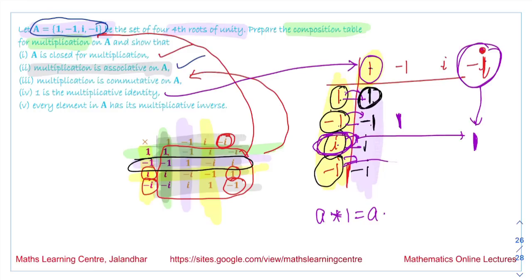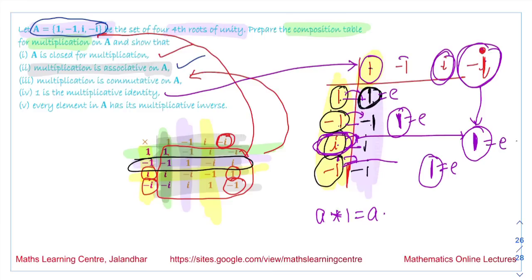Next is minus iota into iota. We have the answer 1. So we have 1 at these places. This is basically the identity element we are talking about. So what we get is that the inverse corresponding to 1 is 1.